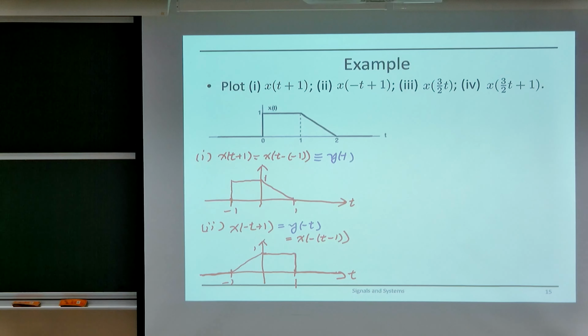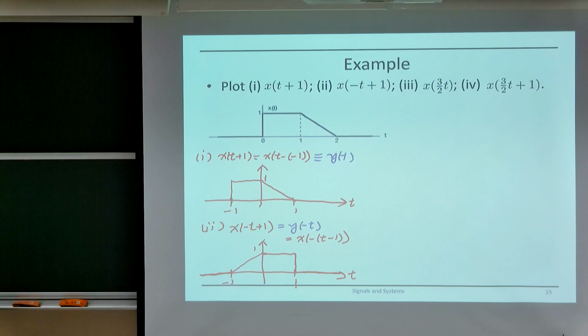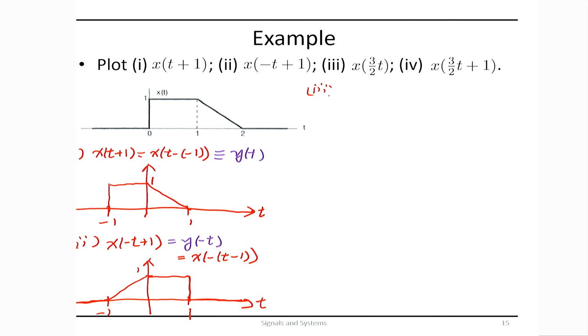All right, so let's continue with the third example. The third example is the case where we multiply the independent variable by 3/2. So this is a time scaling, right?